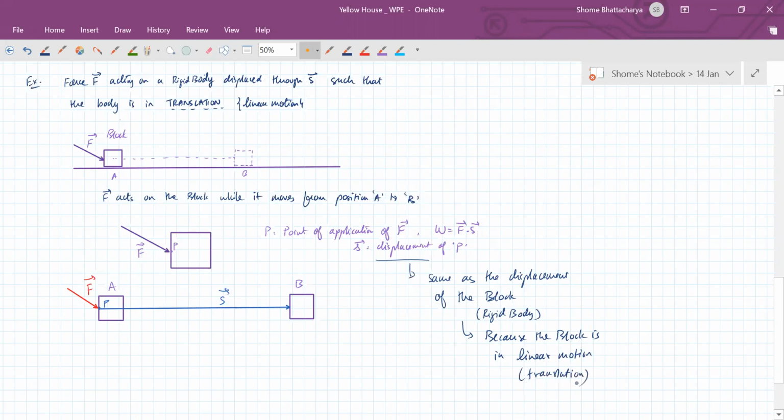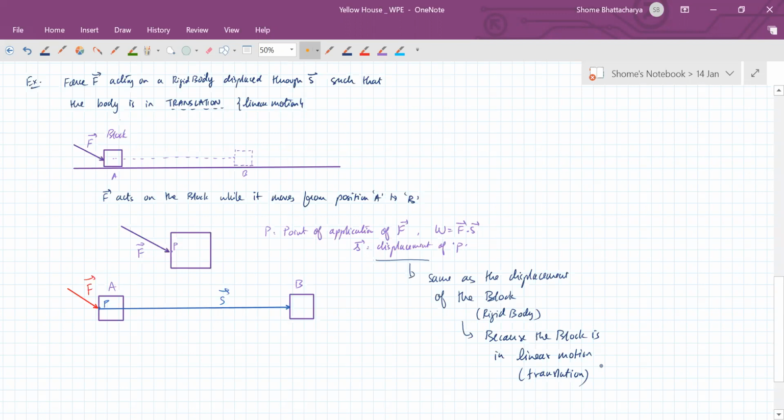And actually in this particular chapter, whenever we are dealing with the application of the work done concept, it will always be in a situation where the body we are considering is in linear motion. But in future chapters like rotational mechanics, then later in elasticity, we will see that that is not always the case. So I'll take you to an example next like that.